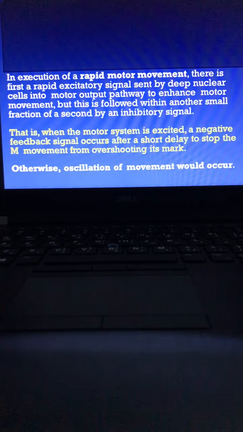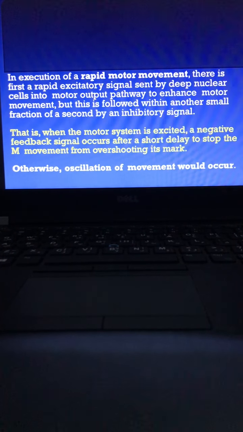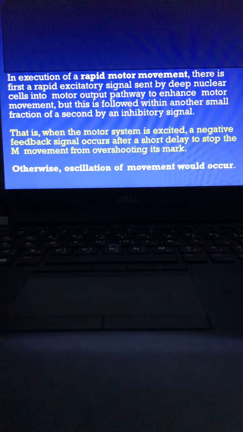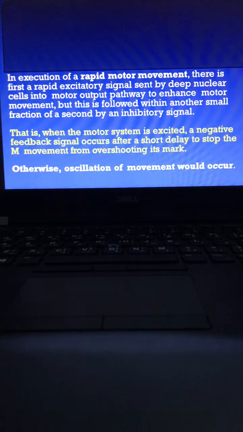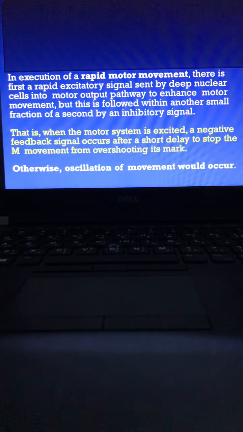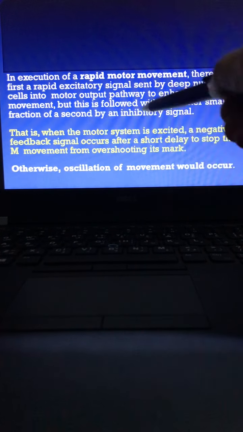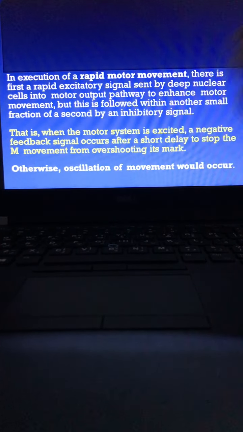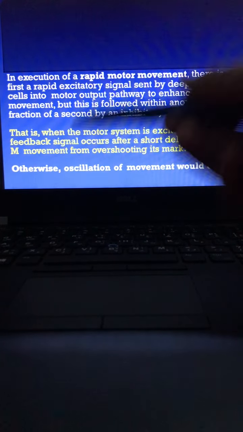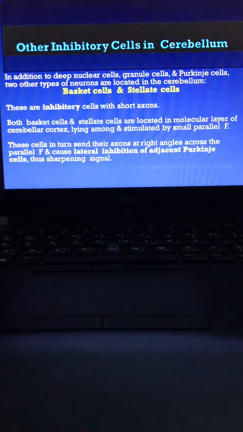That is, when the motor system is excited, a negative feedback signal occurs after a short delay to stop the muscle movement from overshooting its mark. To prevent overshooting, because cerebellar dysfunction, as we will see later, is associated with overshooting if we have pathology in the cerebellum. Otherwise, if this balance does not occur, we will have oscillation, meaning a repetitive movement, a rebound, a tremor of the movement would occur.